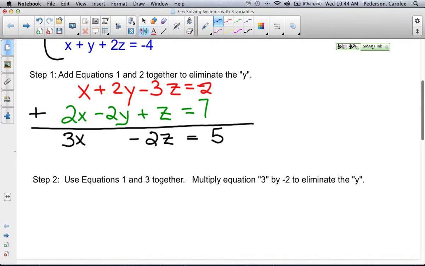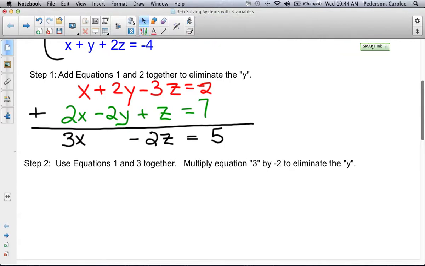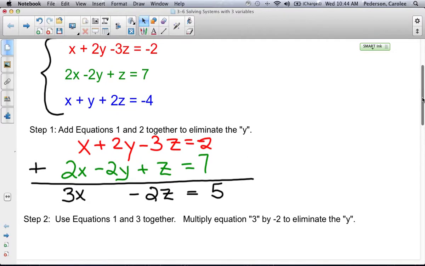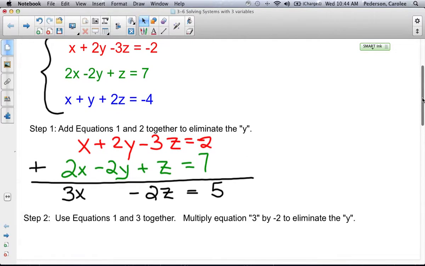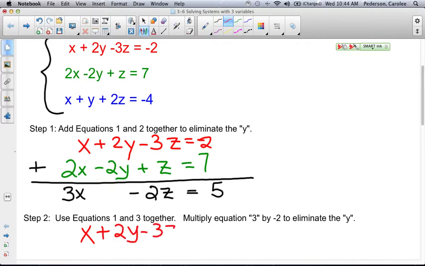We're going to use the original equation in the system, the first one and the last one. So we're going to use this red equation and the blue equation. So here's our red equation, x plus 2y minus 3z equals -2.